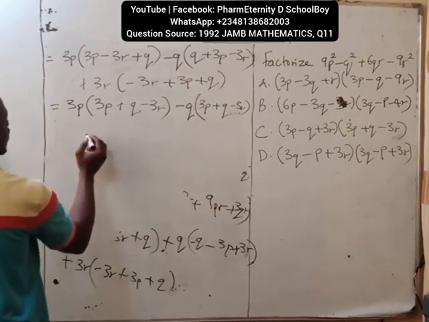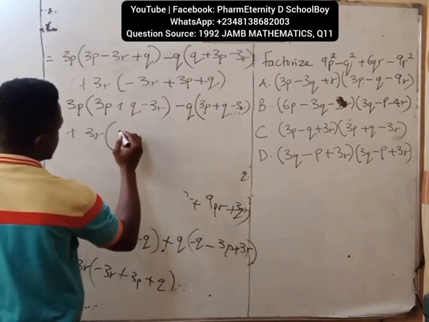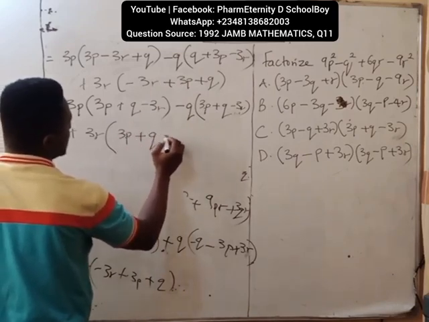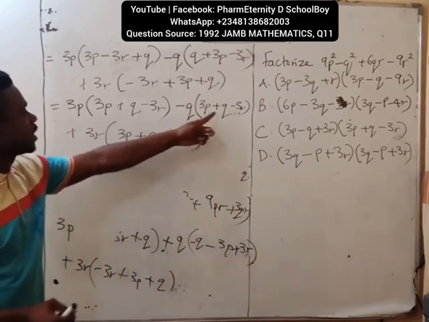So this last one we have plus 3r, p should come first, 3p, q should follow, plus q, then minus 3r. If you watch now, everything in this bracket, they are now equal.